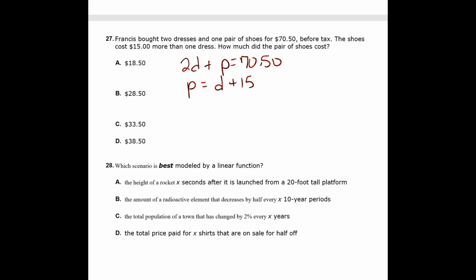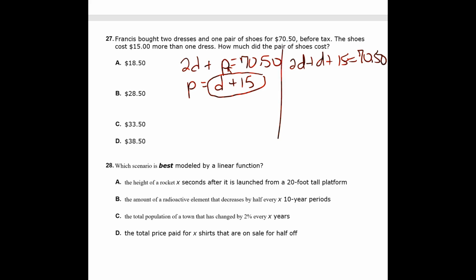So we have this in this form already. Now, some of you all, if you want to subtract D from both sides and use elimination, you can, but it's already set up for us to use substitution. So we have 2D plus D plus 15 is equal to 70.50.